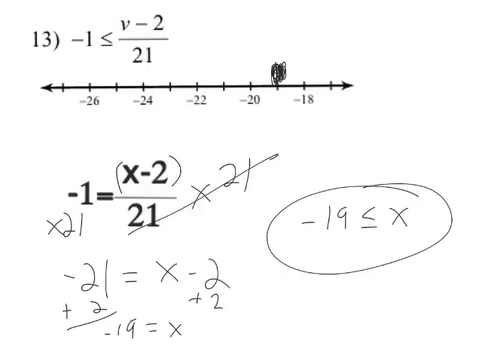It doesn't have to be just larger than 19. Now notice the arrow will not point my direction because my variable is not in the first position. X is larger than. So my bigger numbers go in the opposite direction. Instead of going to the left, it's now going to the right.